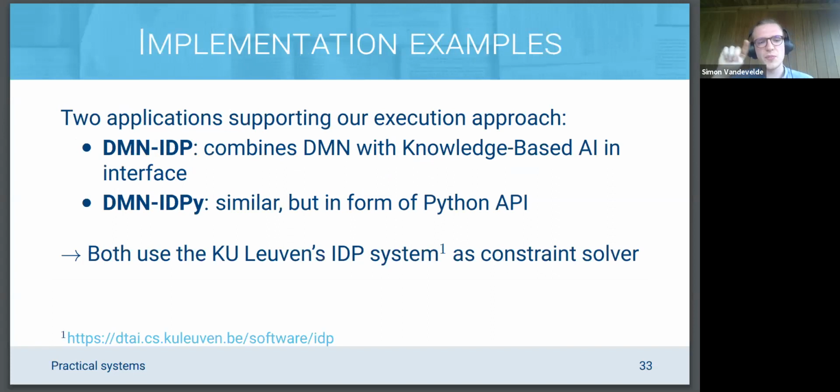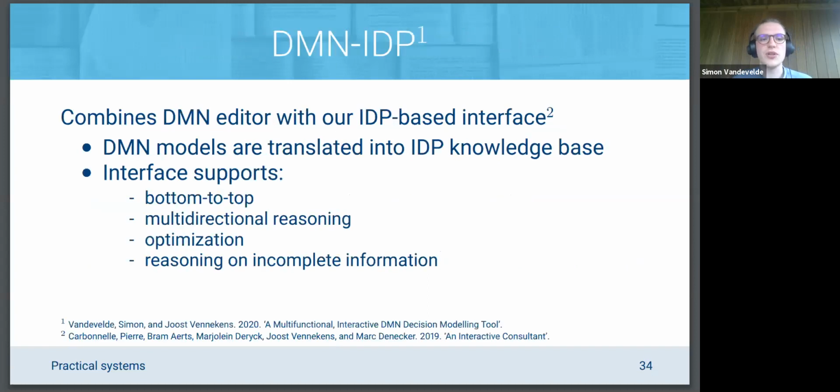It's the bottom one that we presented at RuleML this year, together with Vedavyas Etikala and, of course, Jan Vanthienen. Both of these use KU Leuven's IDP system as an internal constraint solver, just to show that it's practically feasible as well, right?